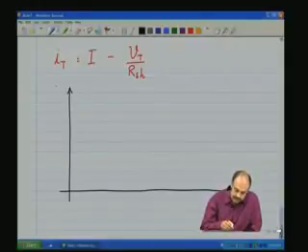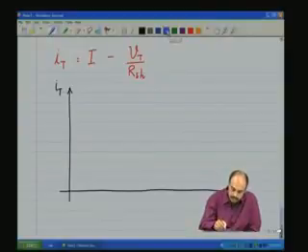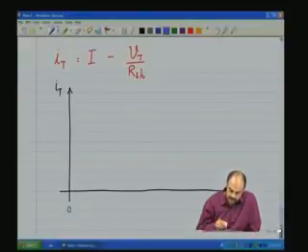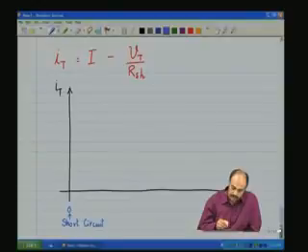The y-axis is IT. And when Vt is 0, that is the short circuit condition, this portion, Vt by R shunt, is 0 because Vt is 0. I terminal is the same as I.